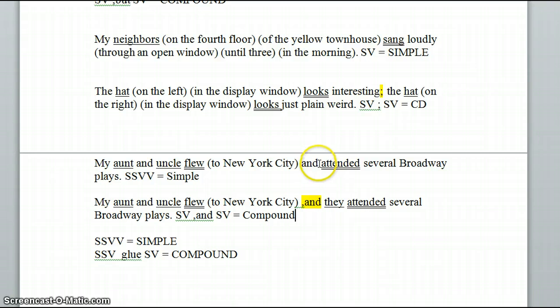The key is right in this space. You would need to see a subject if it's a compound. If you don't see a subject right in this slot right here, it's a simple. So it's all about what comes after the "and." And when you're using correct punctuation, it would always be comma and or comma for. So that's the difference between a simple and a compound sentence.